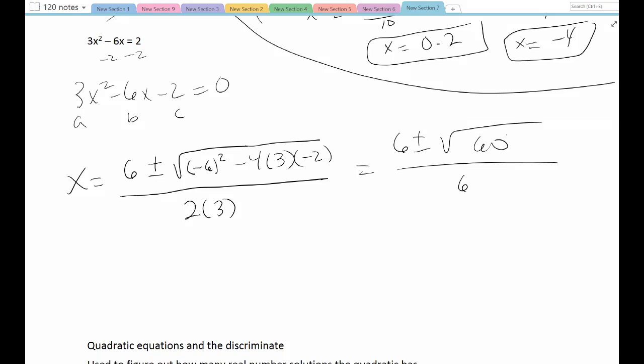So I can pull out the perfect square root of 4. The 6's again don't go anywhere yet. Plus or minus 2 square root of 15 over 6.